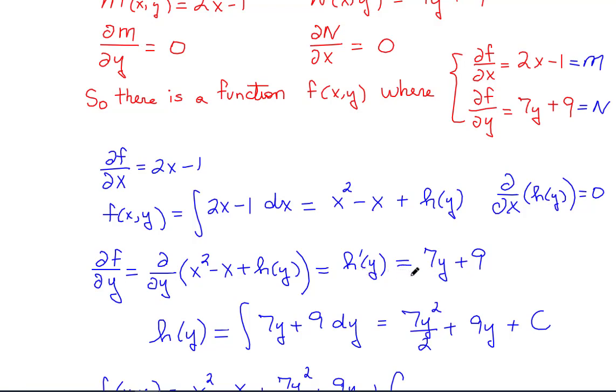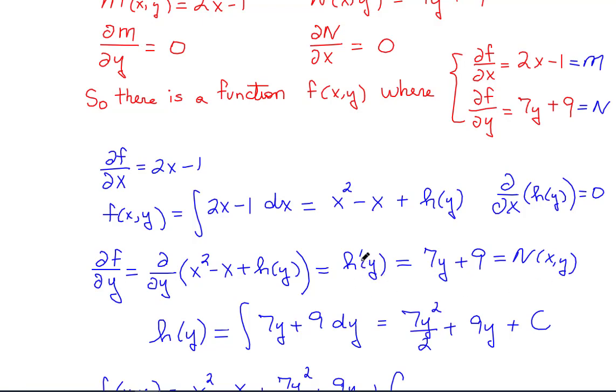Now, why does this have to equal 7y plus 9? Well, the derivative of f with respect to y is that, and up here we had the derivative of f with respect to y must equal N. And that's what this is.